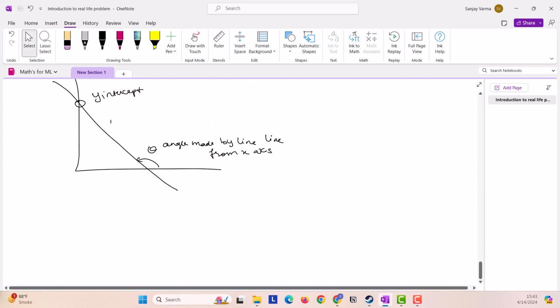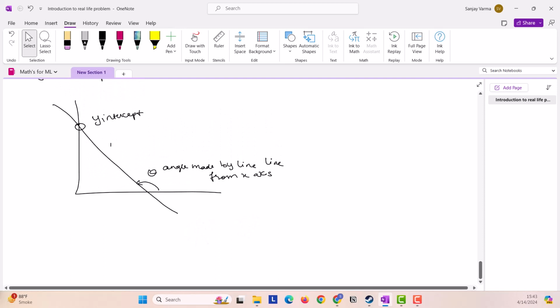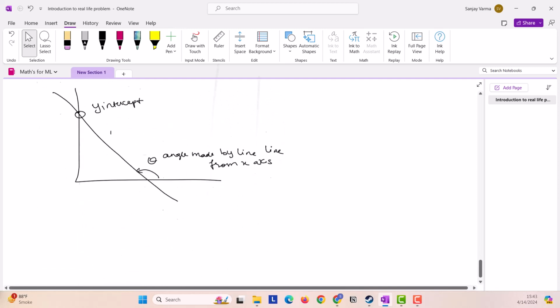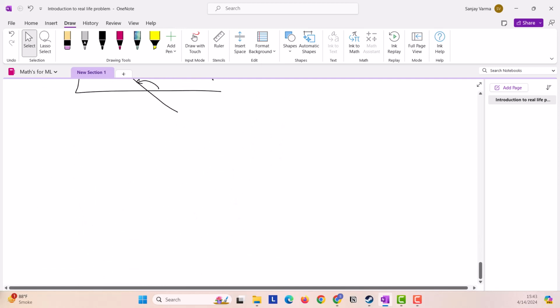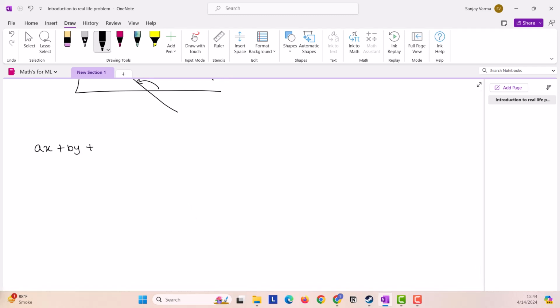Okay. So this is mostly the concept of... There are other general forms of line. Let's look at those. So we also have learned that line is ax plus by plus c is equal to 0.